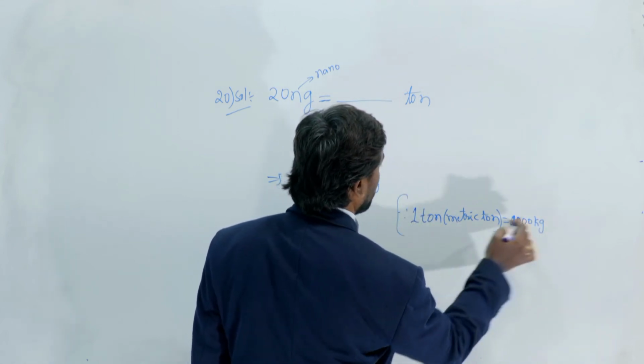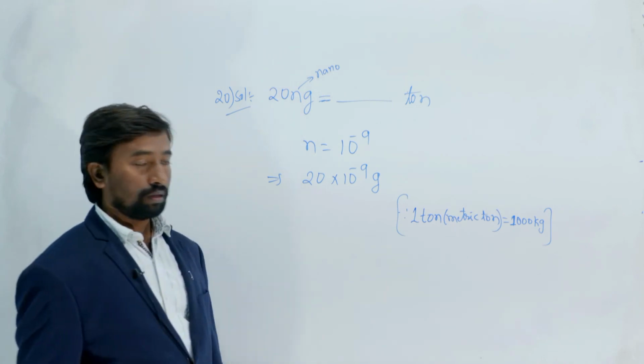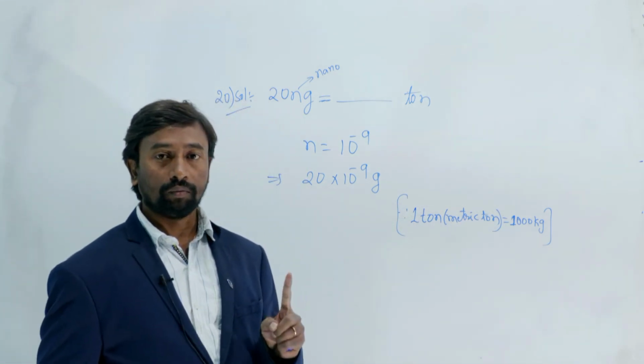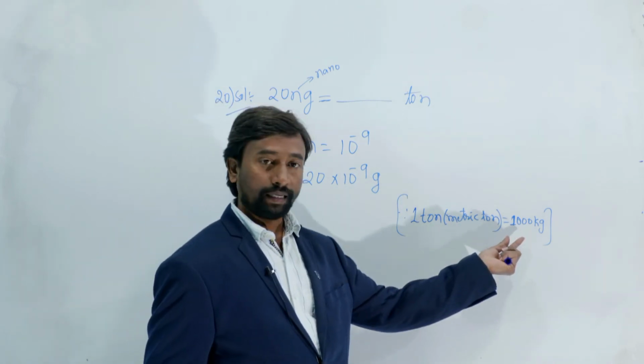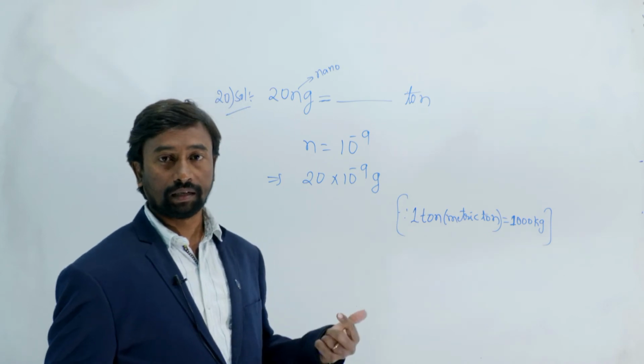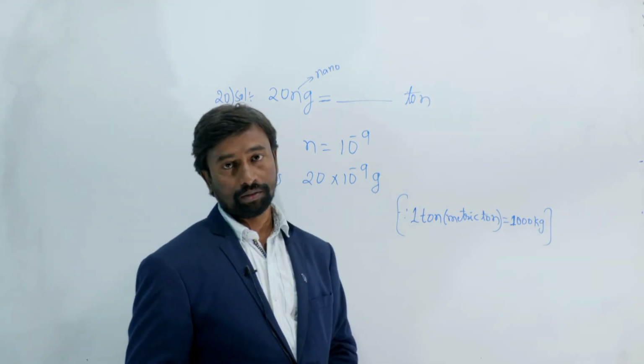Okay, this we should remember. 1 quintal is equal to 100 kgs. 1 ton or metric ton is equal to 1000 kgs.